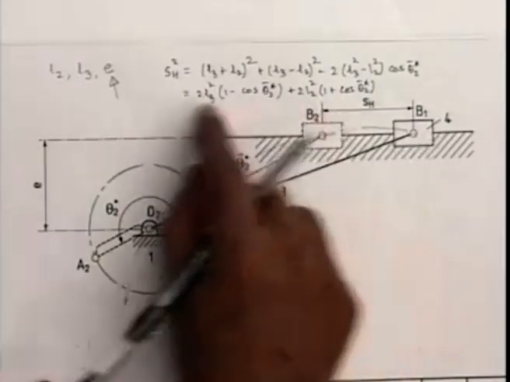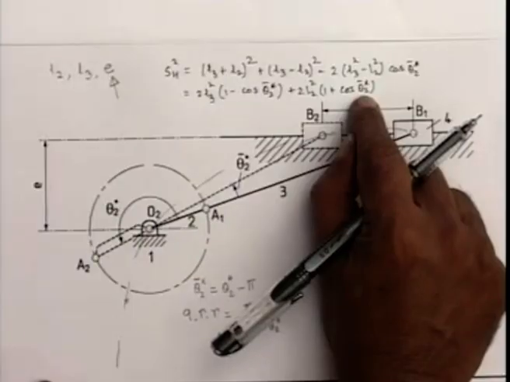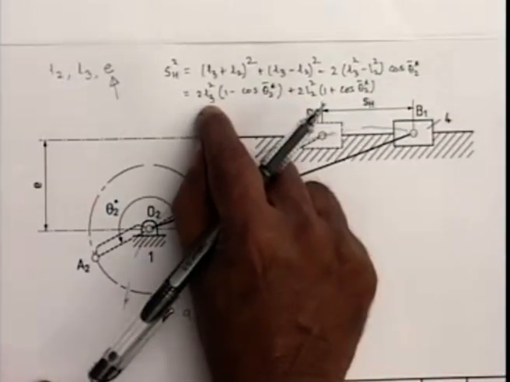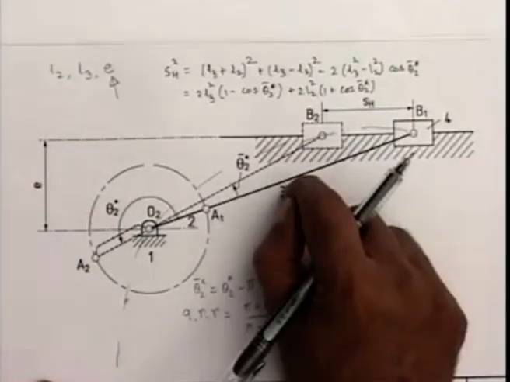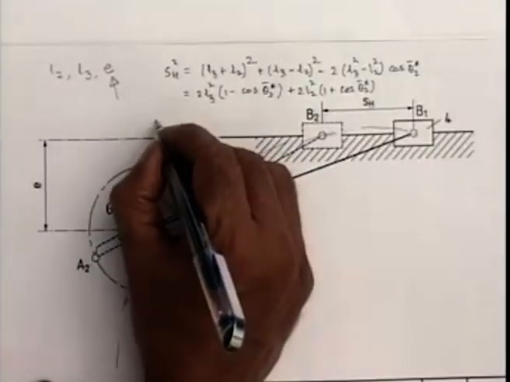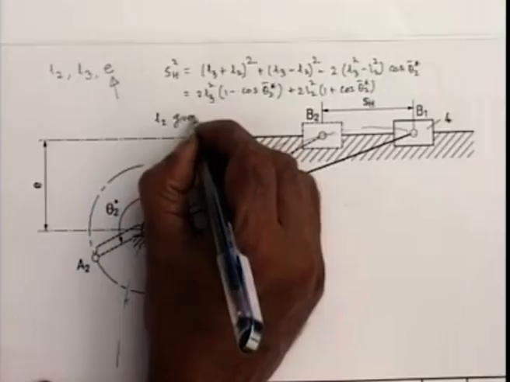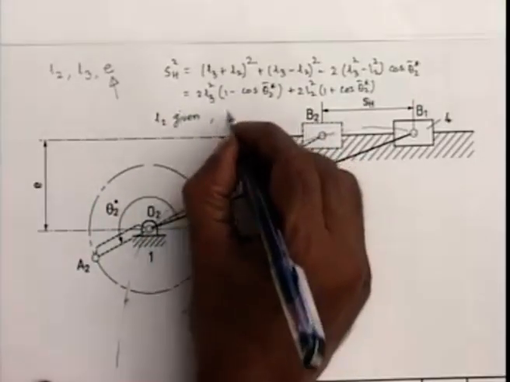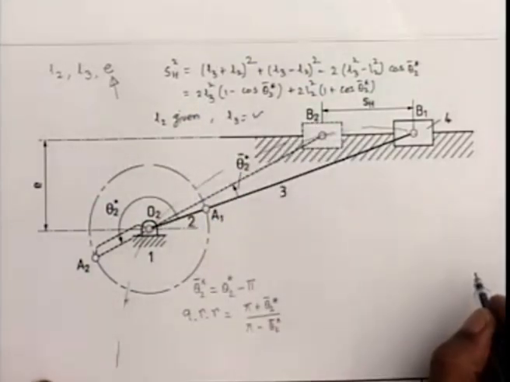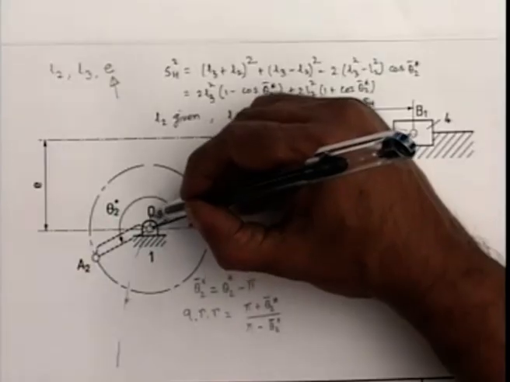In this equation, SH is given to us, theta 2 star is given to us from the quick return ratio, and one of these, either L2 or L3, is given, so I can solve for the other. Suppose L2 is given, then I can easily solve for L3. And once we have solved for L3, I can easily find this offset or E.